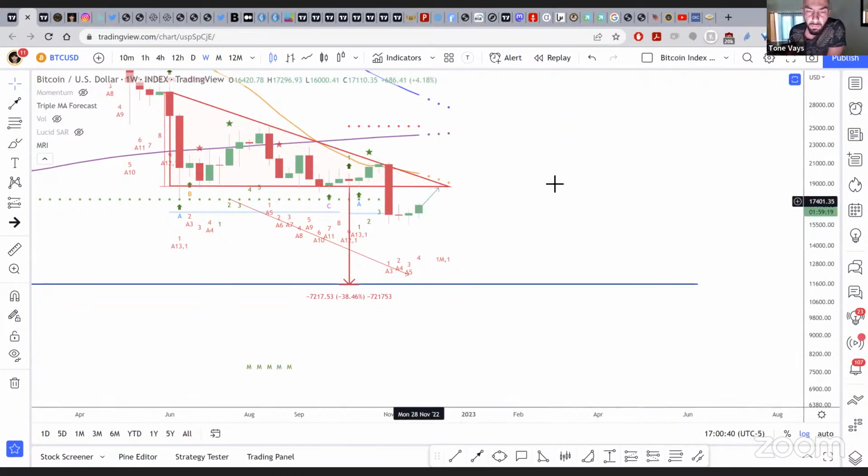So the weekly chart is still in the middle of a bounce, but this bounce is really not anything special yet. We need to go above that orange moving average, which is the 20-period weekly moving average.